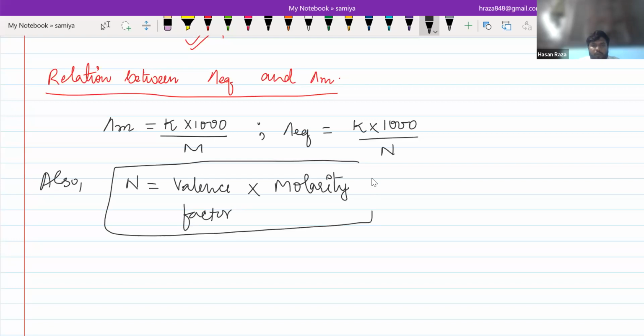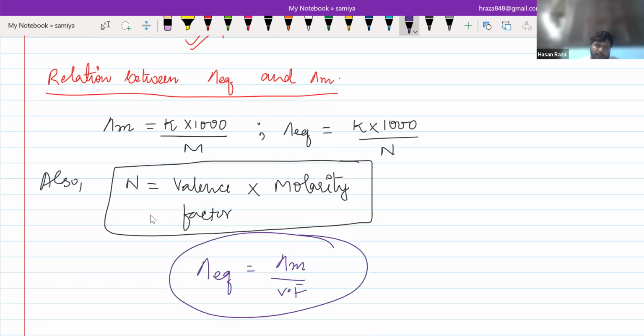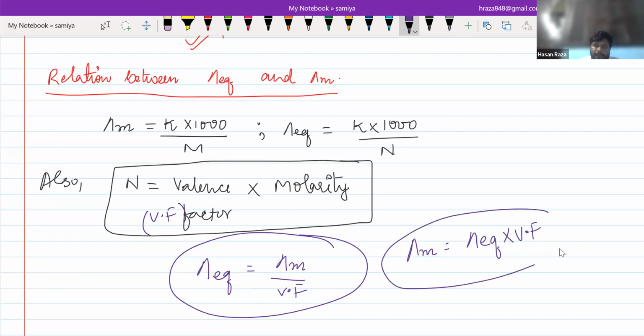So if you put in the value, you will get a formula: equivalent conductivity will be equal to molar conductivity upon valence factor, VF. Or you can also write molar conductivity will be equal to equivalent conductivity into valence factor. So this is very easy. You just need to put the value of n here and you will get your answer.